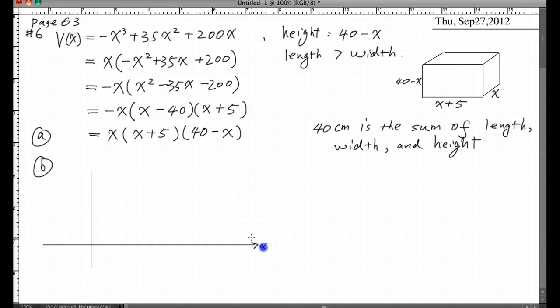This is x, this is y. Now this one you can look at it here, because this is more like a standard form. We always have x and x plus or minus something, like this one you have 40 minus x. You may not be used to this, so just look at this.